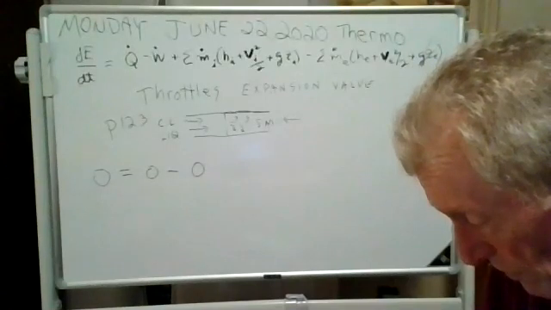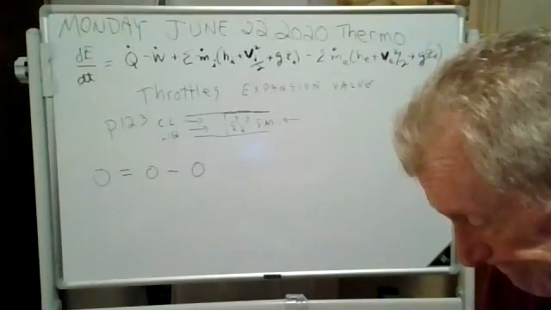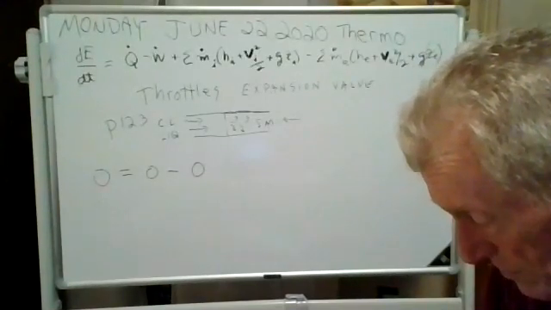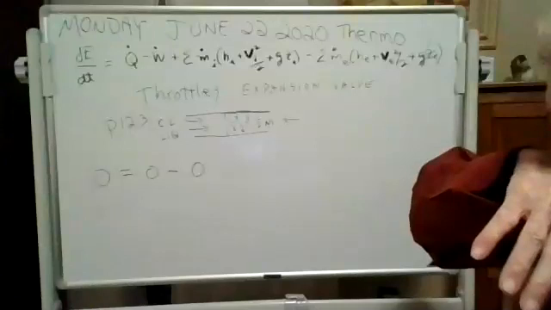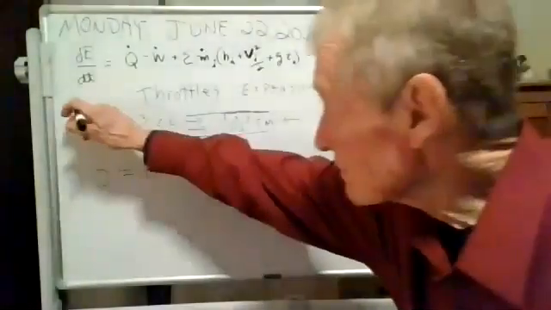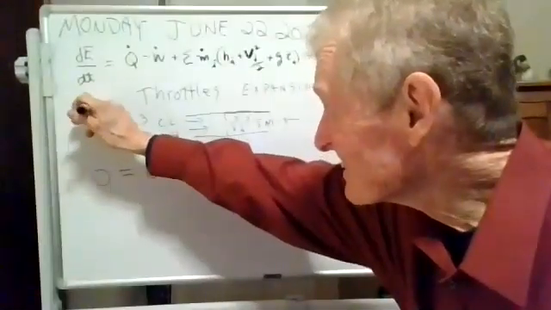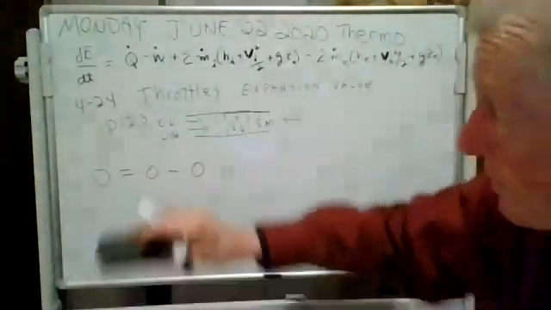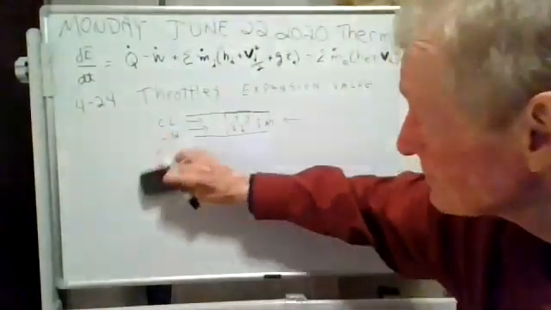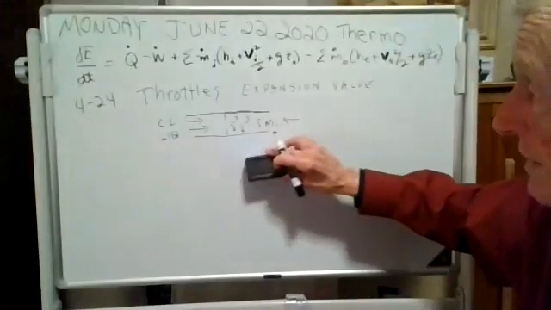Now the one I want to work is problem 424. And it's a throttle. And there's my device sketch.